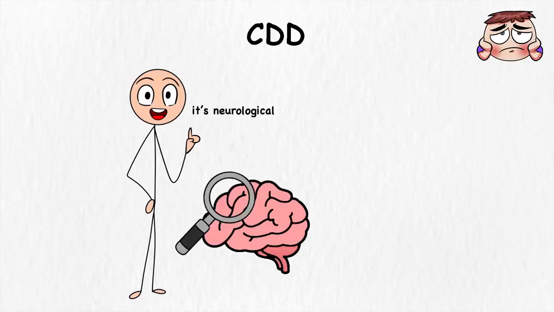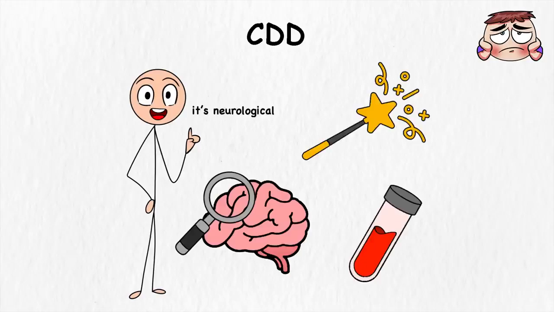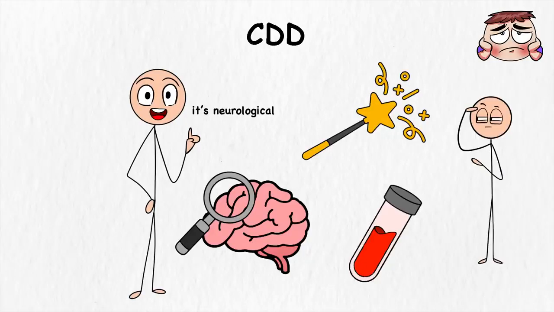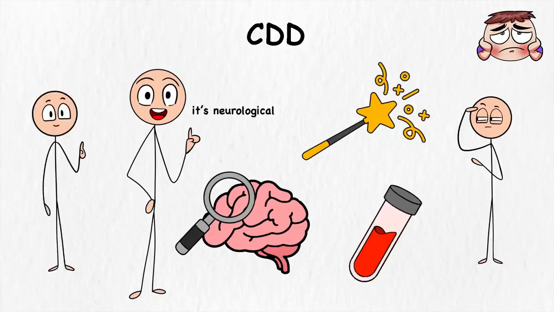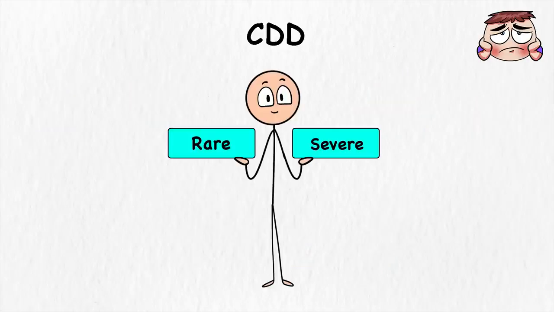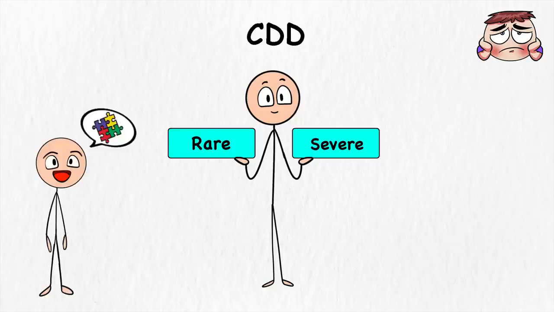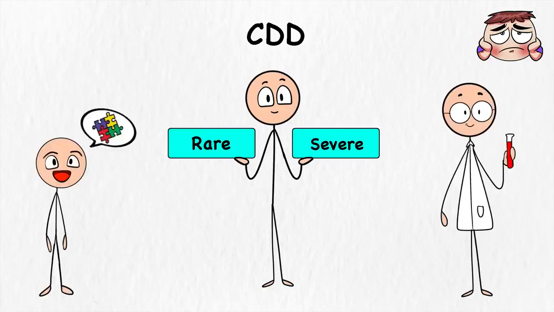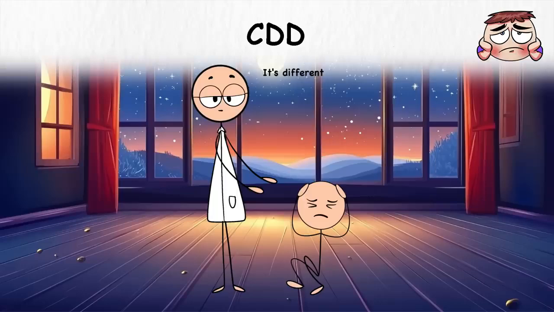But even with brain scans, blood tests, and other medical magic tricks, a single clear cause remains elusive. And it's now technically considered a very rare and severe form of autism. But many old-school clinicians, and honestly anyone who's seen CDD up close, argue that it's different enough to deserve its own category.